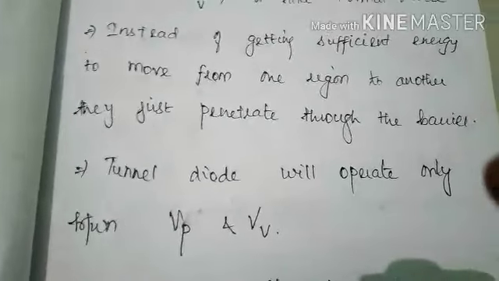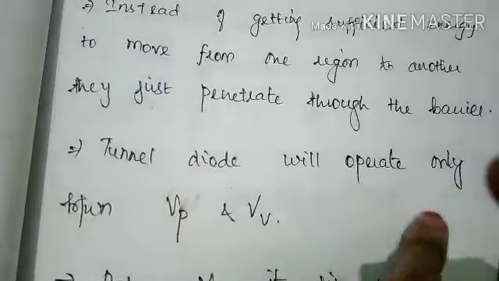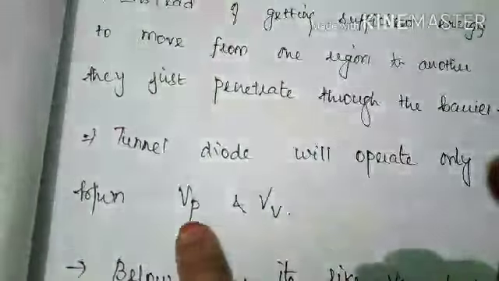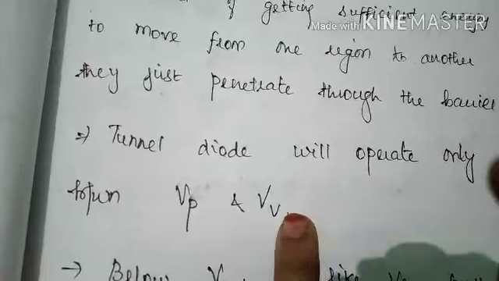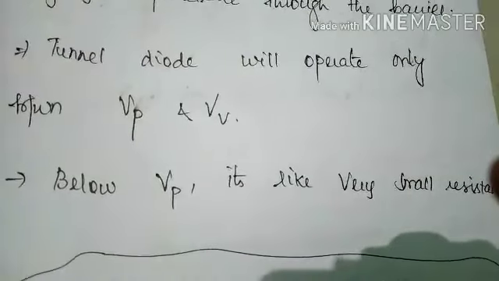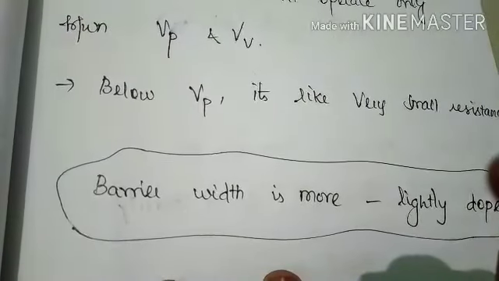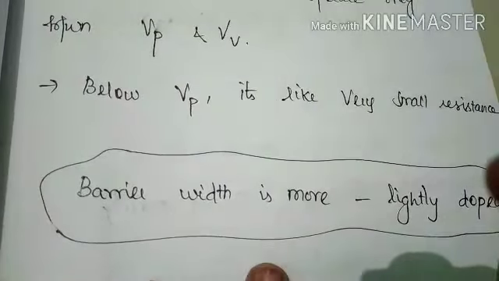The charge carriers are just tunneling through the barrier. So the tunnel diode will operate only between Vp, the peak voltage, and Vv, the valley voltage, right? Below the peak voltage, it looks like a small resistance. After the valley voltage, it is like a normal PN junction diode.